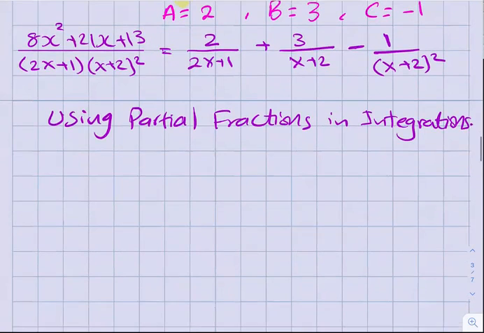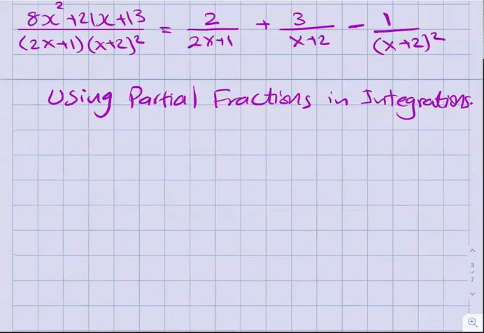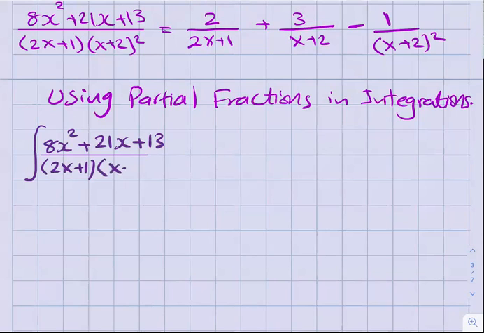So the integration of the question, 8x squared plus 21x plus 13 over 2x plus 1 times x plus 2 squared, equals the integration of 2 over 2x plus 1 plus 3 over x plus 2.